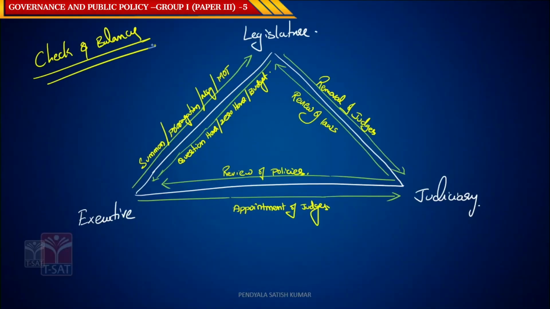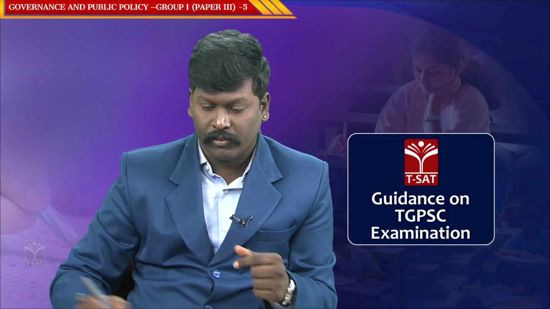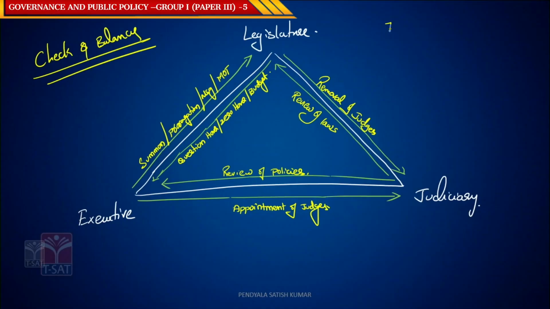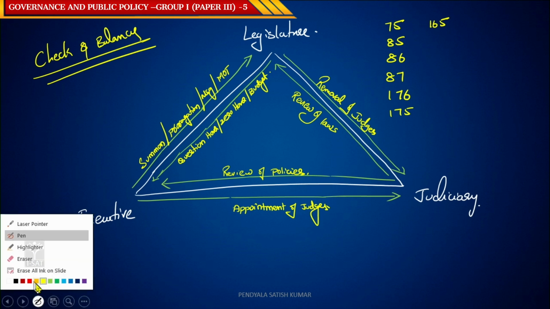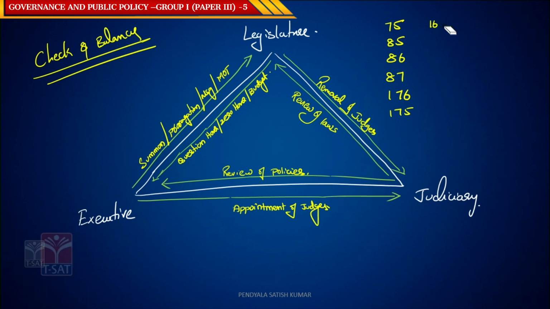So what are the constitutional provisions, articles related to this checks and balances? I will give the list. Try to understand. Article 75, Article 85, Article 86, Article 87, Article 176, Article 175, Article 165, sorry, 164. 165 is Attorney General.